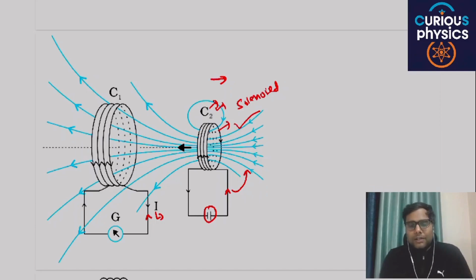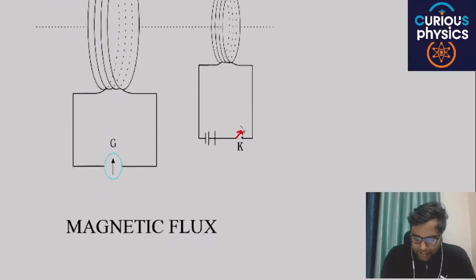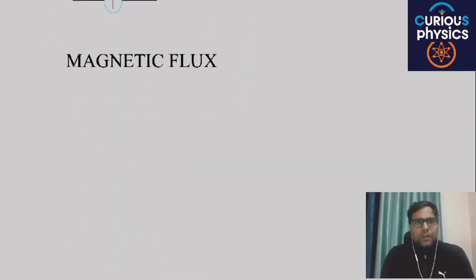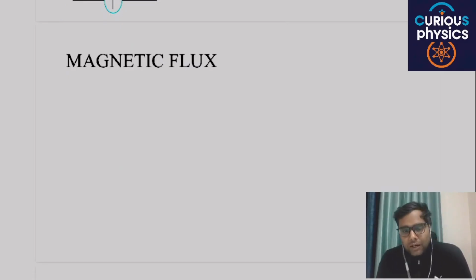Are you able to understand my point or not? This is the basic condition. So in all the experiments what we have studied, the change in magnetic field in coil C1 is responsible for the induced current. Are you able to get my point or not?